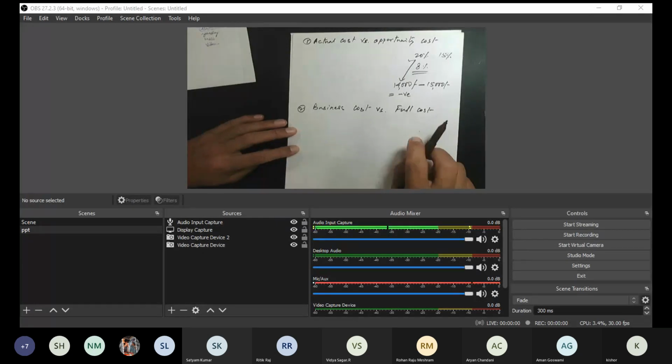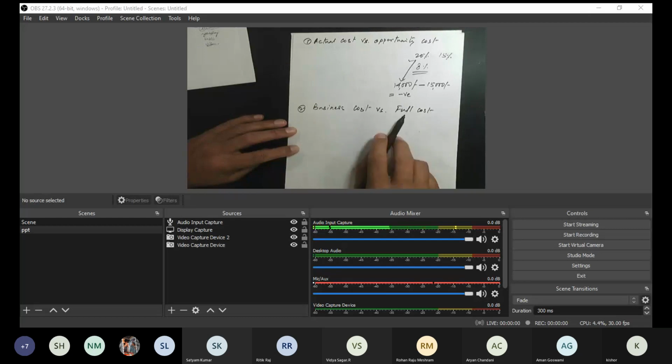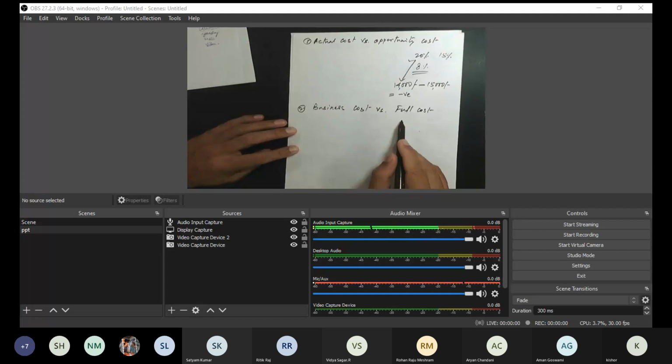Normal profit is the minimal profit you expect to remain in a business. Business cost is that cost that you incur in a business, similar to your actual cost. But full cost includes, besides business cost, opportunity cost, which was already discussed here, as well as your minimal profit.